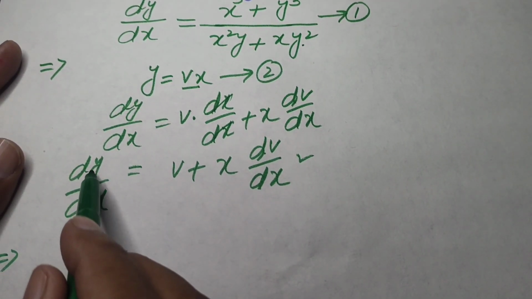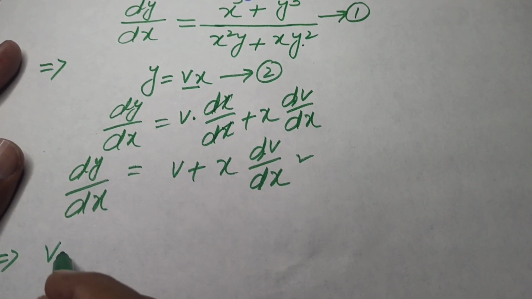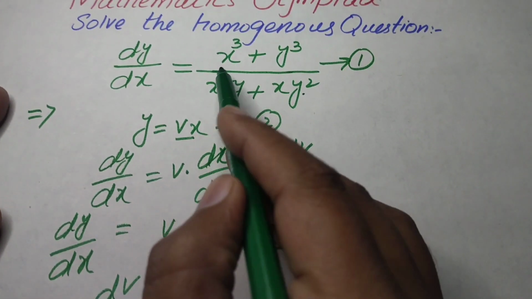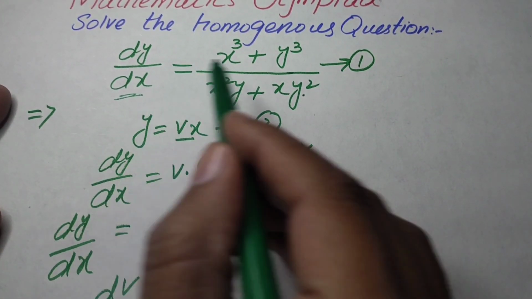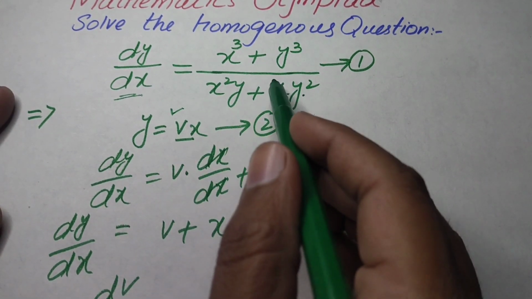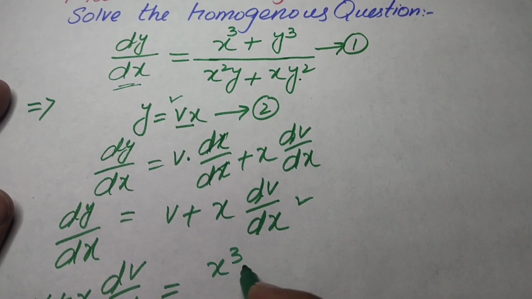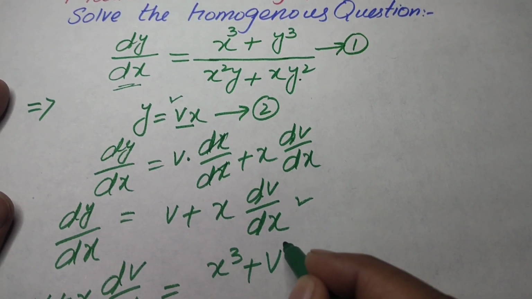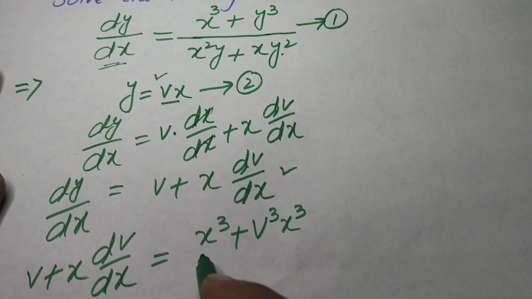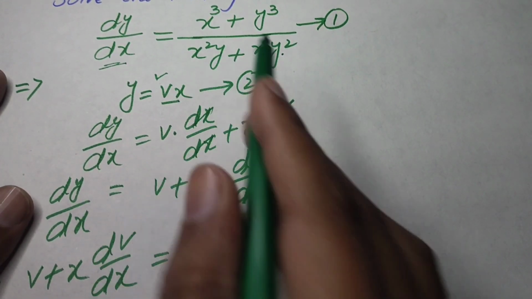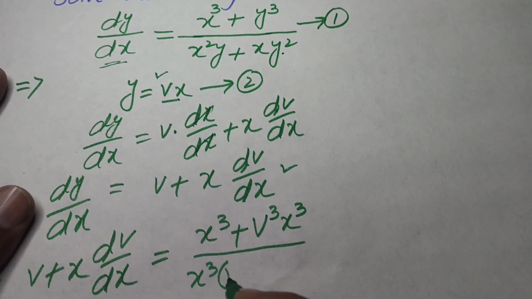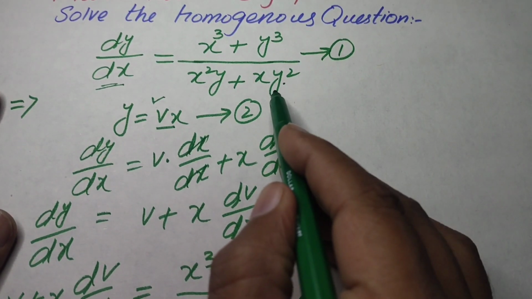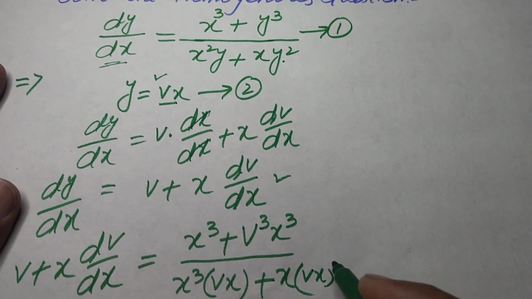When we substitute the value of dy over dx, we obtain v plus x dv over dx is equal to, on the right hand side, substituting y is equal to vx: x cube plus v cube x cube, over x square into vx plus x into v square x square.